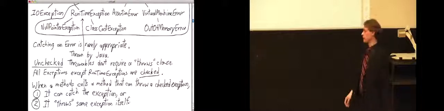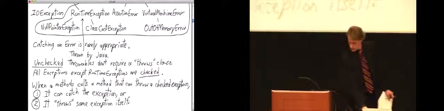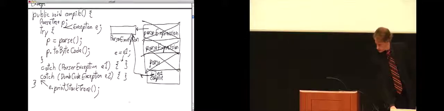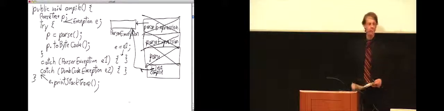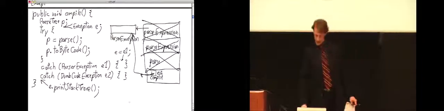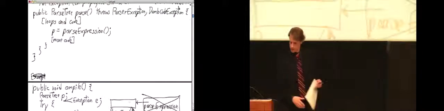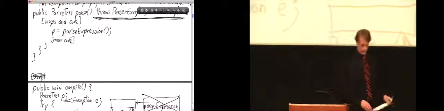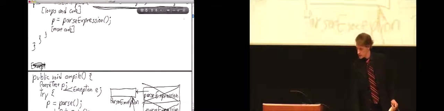Yeah, you can. So, for instance, here's an example. You'll recall we have this compile method which calls this parse method. The parse method here throws two different exceptions, a parser exception or a dumb code exception.